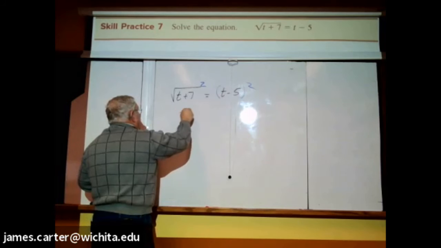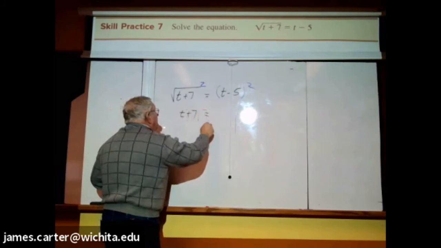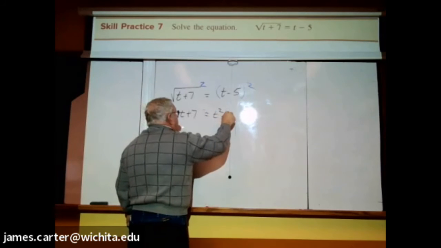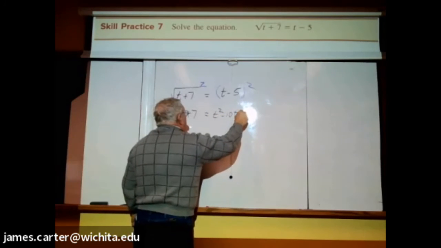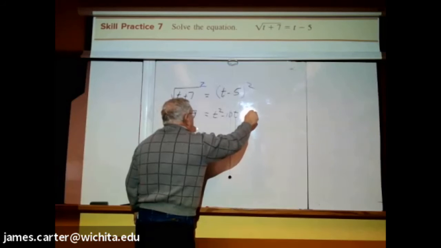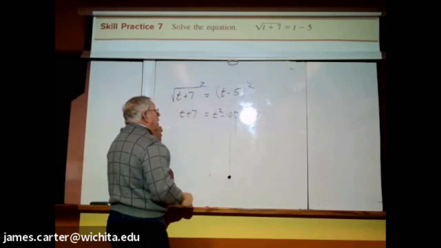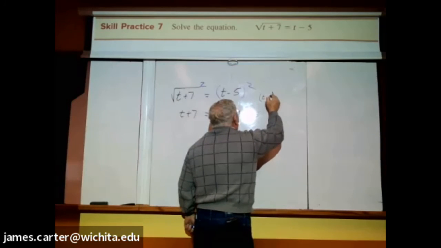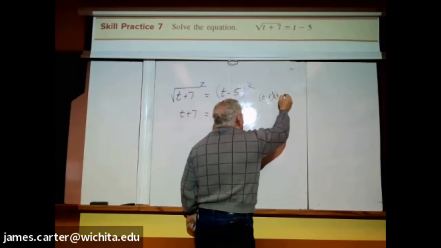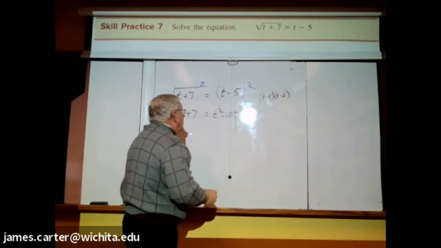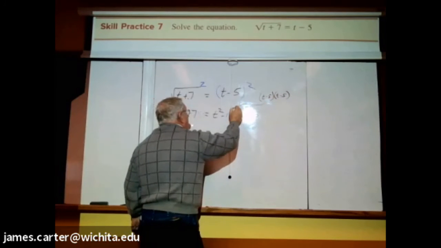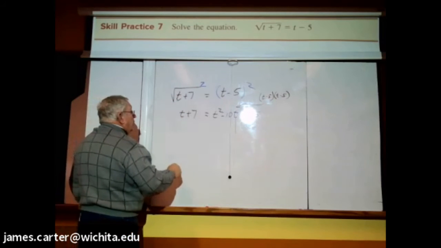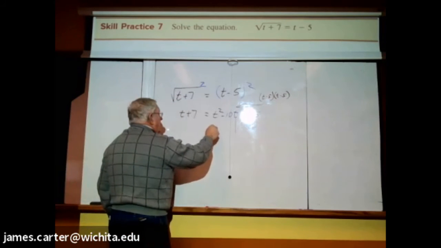That gives me t plus 7 over here, and this gives me t squared minus 10t plus 25 when I FOIL it. Now, let's start combining terms.